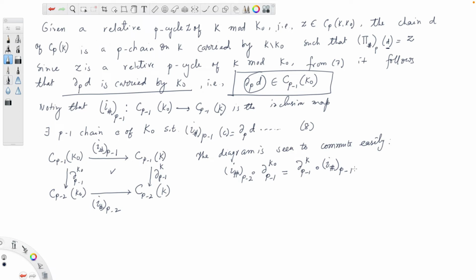Which means that the left hand side acts on the chain c, a p-1 chain, and also the right hand side operator acts on the p-1 chain c. This holds for a p-1 chain c on K0.